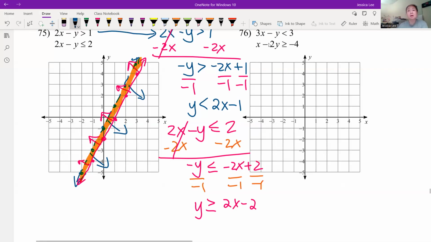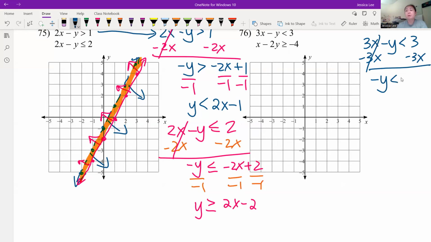Okay, and then 76, last problem for day 3. We're getting close, guys. So we got 3x minus y is less than 3. Again, we're going to just subtract 3x on both sides. Get y by itself. And we got negative 3x plus 3.